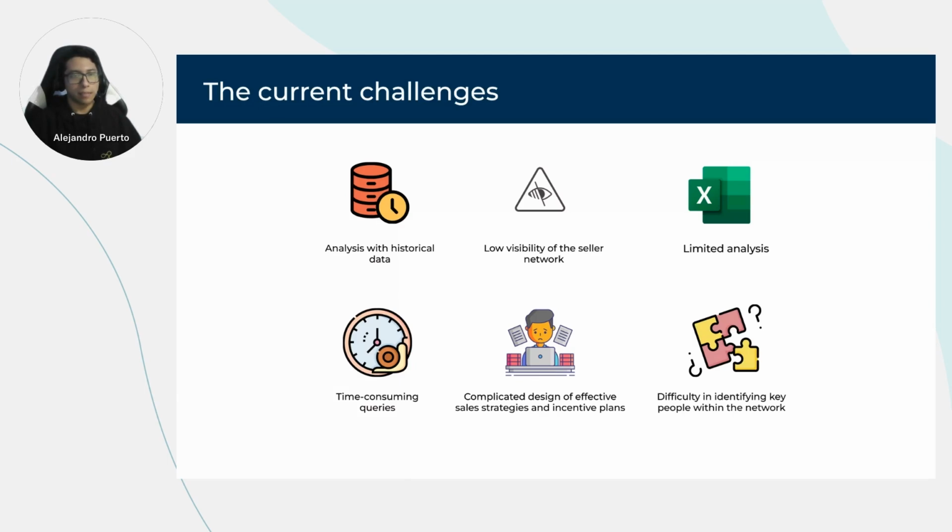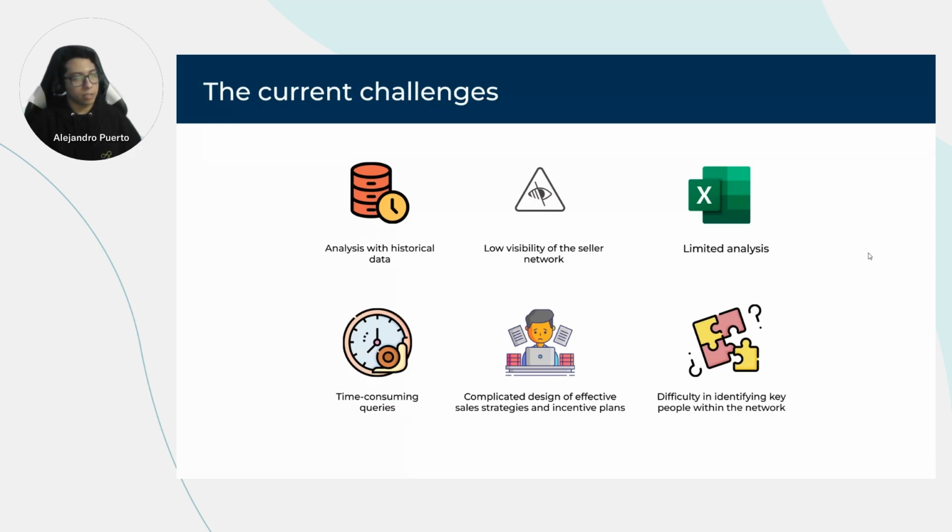Also, optimizing sales strategies. Without a clear understanding of the network, it was very difficult to design effective sales strategies and incentive plans. So these are the current challenges that Prospera Link has within their company.